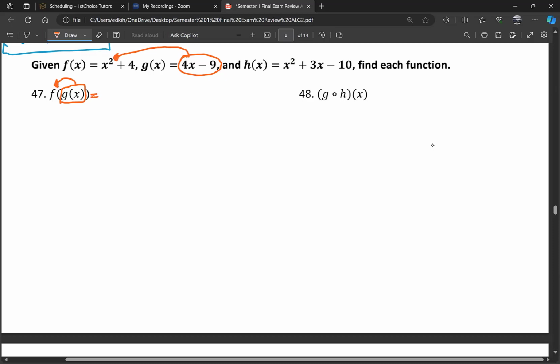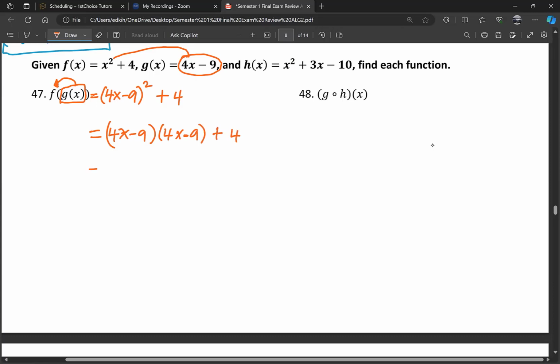So for this guy, where we have an x, we have replaced the x with a 4x minus 9. Since that's squared, because that's x squared, we replace the x with the 4x minus 9 squared plus a 4. And then we have to simplify this by saying, 4x minus 9 squared means we have to write it twice, because that's what you do when you square a number.